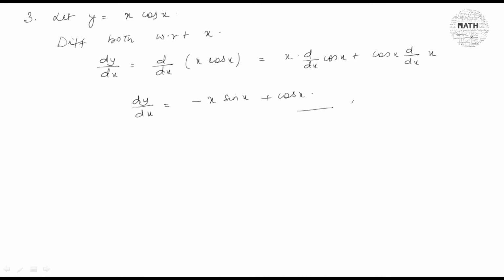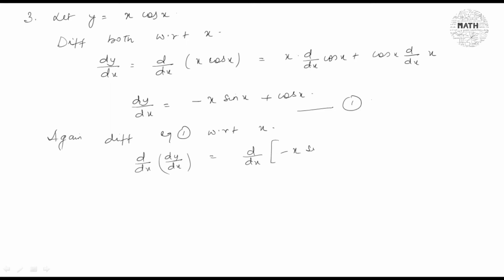So give this one to be equation number 1. Again, differentiating equation 1 with respect to x. If we differentiate equation with respect to x, I'll get here d by dx of your dy by dx is equal to d by dx of your minus x sine x plus cos x. Remember, for this one, I have to use the product rule. Why? Because I got two terms over there.